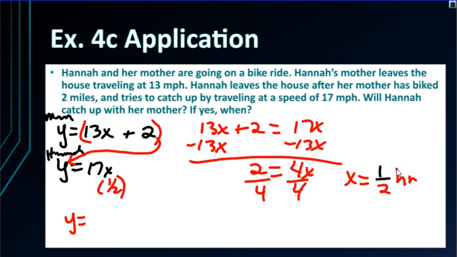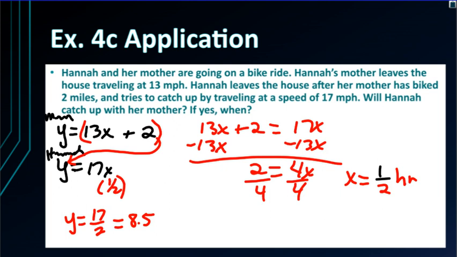So y would equal 17 halves. 17 halves would equal 8.5 miles. So when Hannah has traveled 8.5 miles is when she will catch up to her mother.